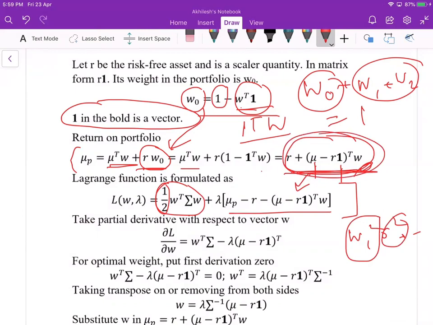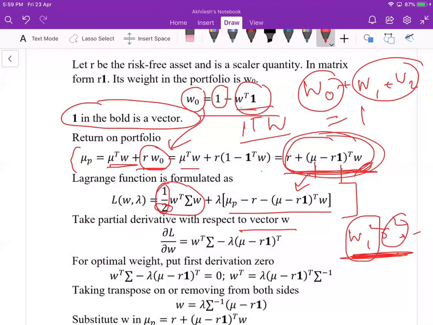Once we have the Lagrangian function, take the partial derivative with respect to vector w. Okay, so we'll differentiate with respect to w. When you differentiate it, here we have all the variance covariance terms in this one. So 2w1 and 2 cancel out from this 1 upon 2.